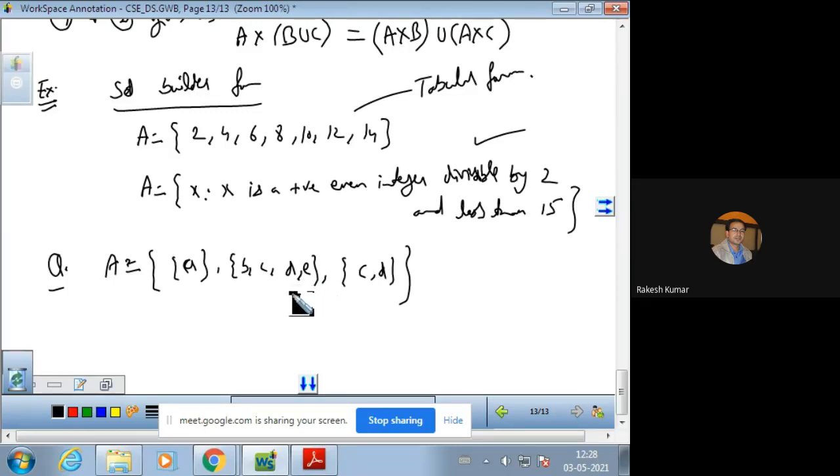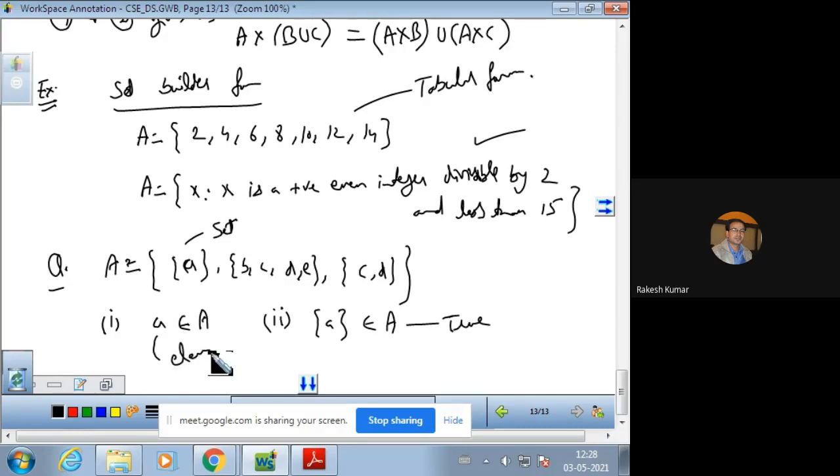Now, the first statement is A belongs to A, which means that A belongs to this set A. And the second statement is singleton A belongs to A. Now, this statement is true because singleton A is a set, and this A is an element.